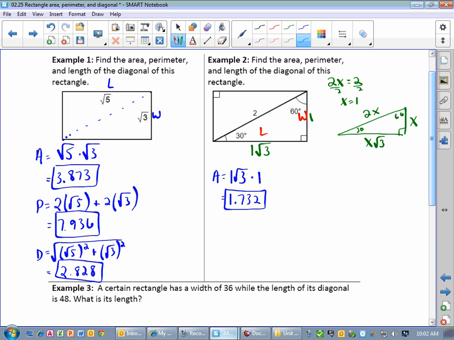Thank you. For our perimeter, we want 2 times the length, so 2 times 1 square root of 3, plus 2 times the width, which is 1, so 2 times 1.